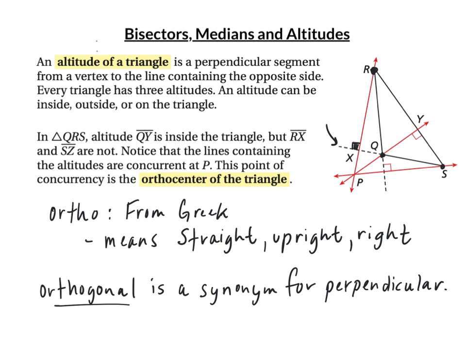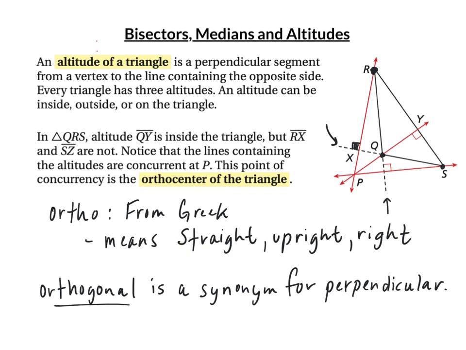So the altitude, which is another word for height, is just the height of the triangle, but it's the height using a particular base. So the height or altitude of triangle RQS for side QS is RX. And then look at side RQ and notice the dashed line.